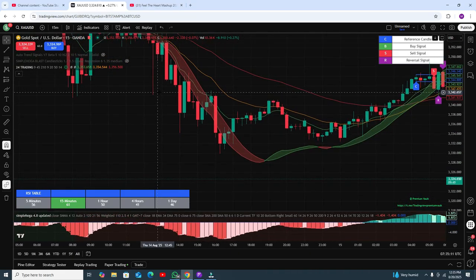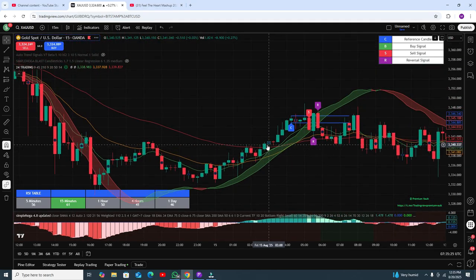Okay, let's find out more entries at this point. You can see this is your entry point, because histogram is green, RSI is green, and the candle is closing upside from 3 EMA lines, and you can see. Okay, let's find out more entries. Here you can see, this is your entry point.